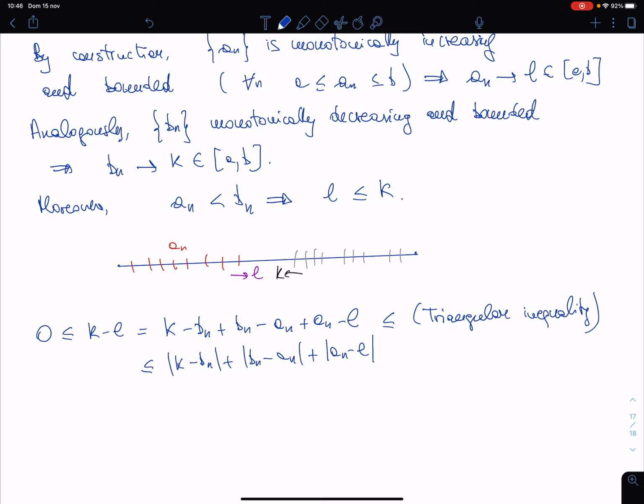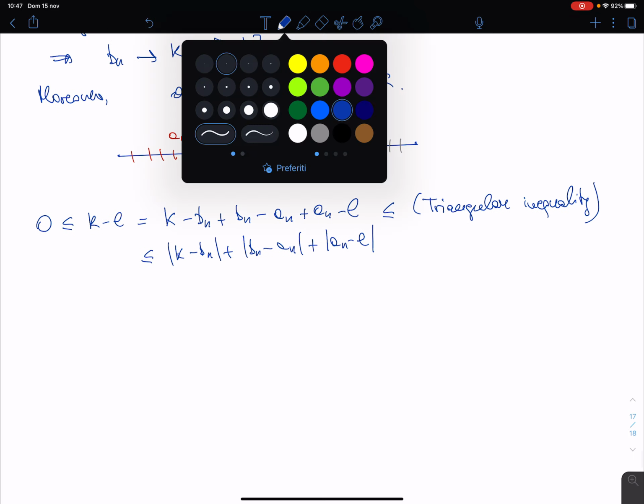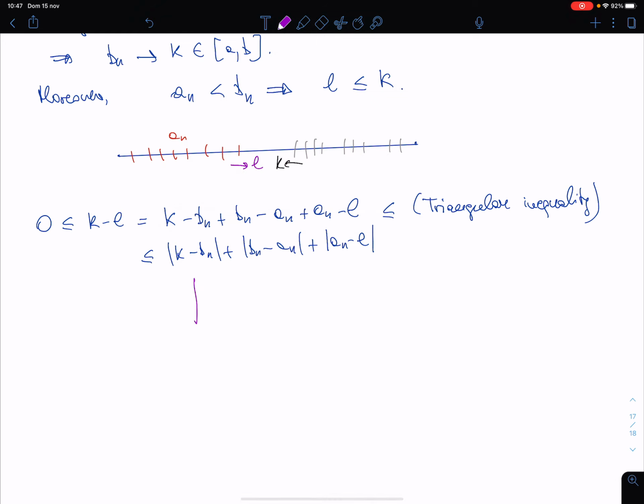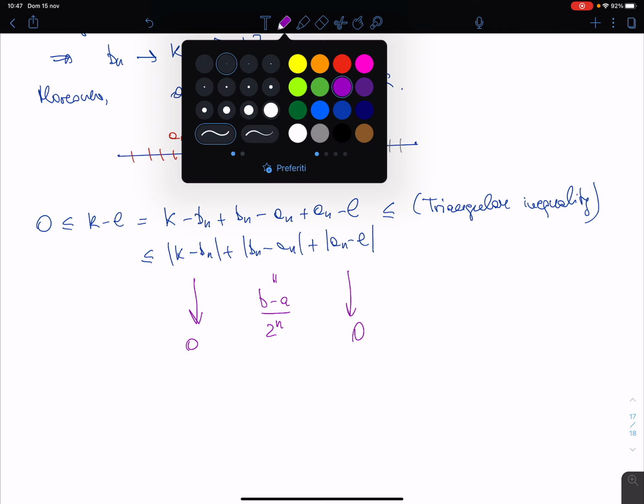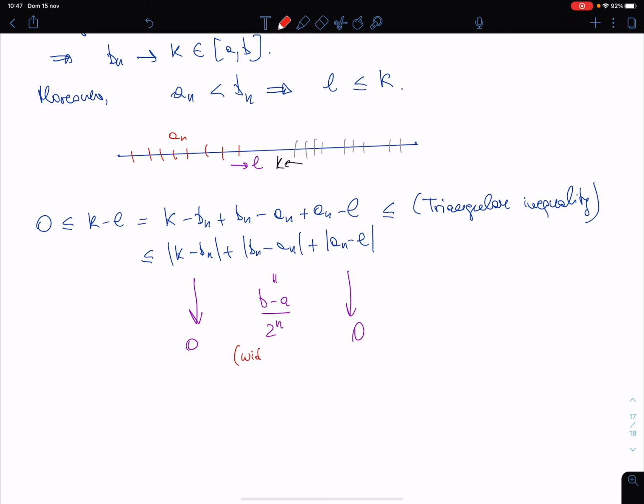This is true for every n. Now notice that k minus b_n goes to 0 as n goes to plus infinity, because b_n tends to k, and also a_n tends to L. And b_n minus a_n is equal to (b minus a) divided by 2 to the nth power, which is the width of the interval [a_n, b_n], and this goes to 0 too.